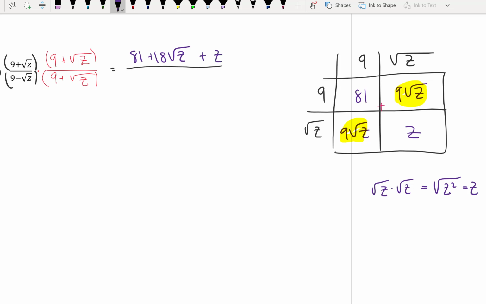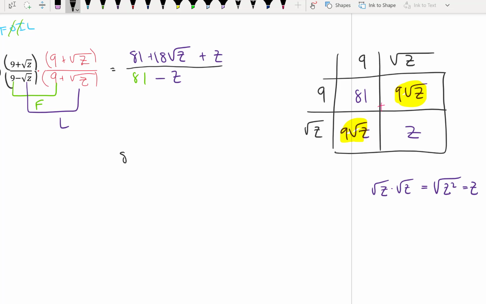Okay. Down at the bottom, I'm going to do my first, outer, inner, last. So this is where I FOIL, but remember, when I FOIL two conjugates together, the outer and the inner cancel. So I'm just left with my first, so that's going to give me 81, and my last, so it's a negative, and I have square root z times square root z, which we already know is z.